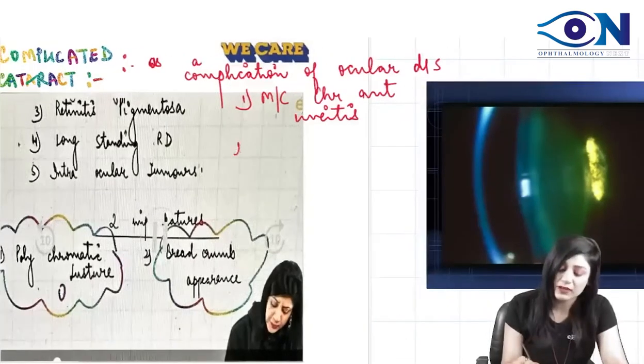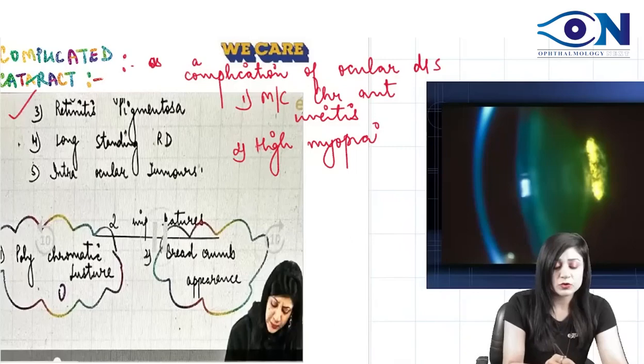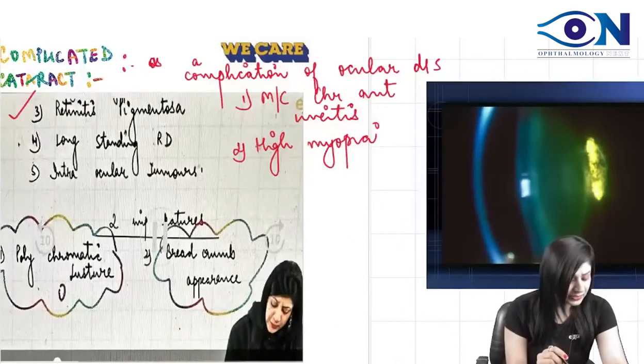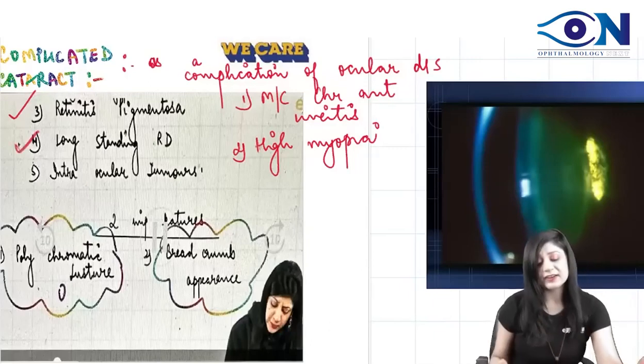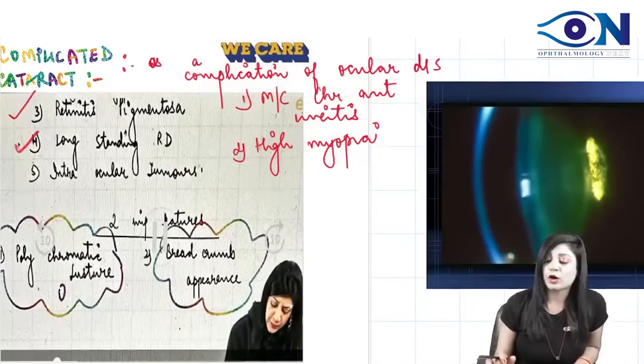Then number 2, we can also have high myopia. Then retinitis pigmentosa, long-standing retinal detachment, and intraocular tumors. And I told you there are 2 important features.